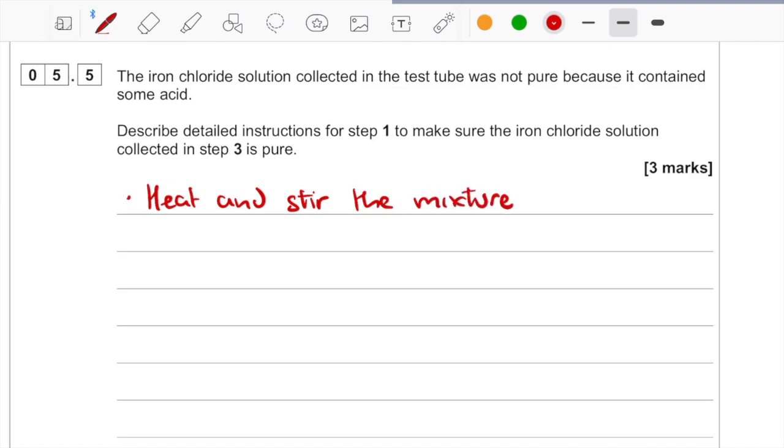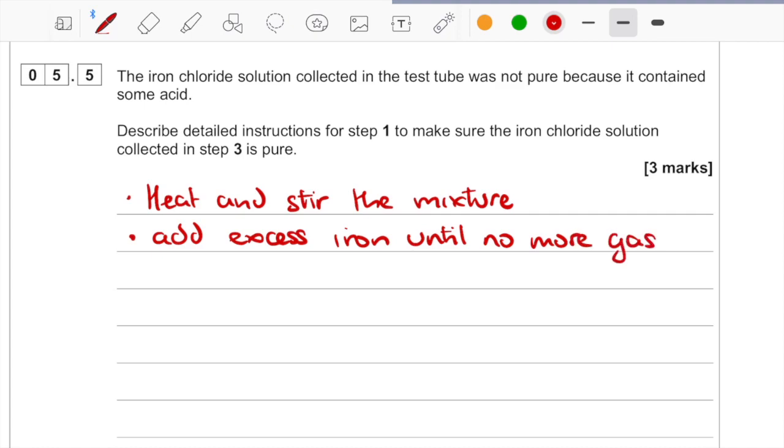And then we're going to add excess iron. And then how do we know if the reaction is complete? Add excess iron until no more gas is produced, because that's another observation we can make.